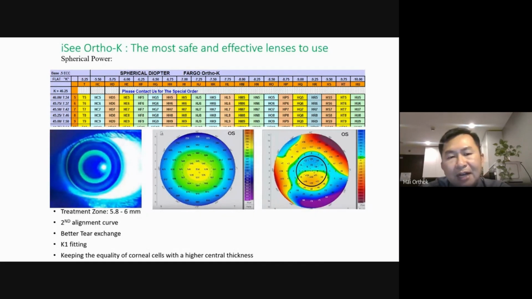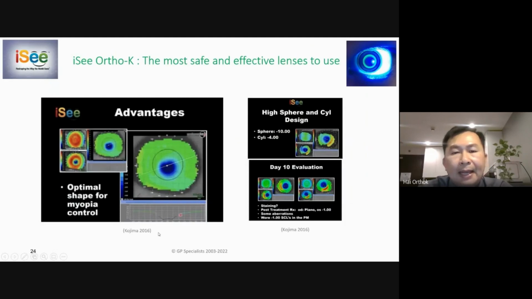And if we have a high cylinder, we will use a premium lens, toric lens, or atrium toric lens to divide the force effect on the central cornea and other areas very equally. And because of the effectiveness of the IC lens for positive 4 and negative 4 equally, it's very safe for high myopia treatment. I copied the slide from Dr. Kuchima, and this is his own eye.